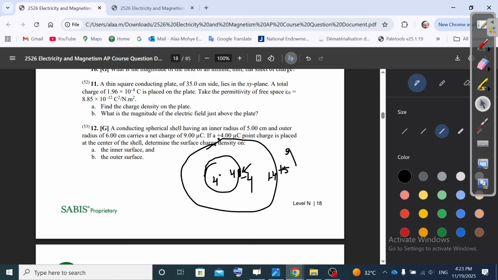Okay. Then let's keep going. So the inner surface is obviously your inner radius. What do they want? The charge density. The charge density is Q over A. And since it's spherical, it's going to be minus 4 over your pi r squared.